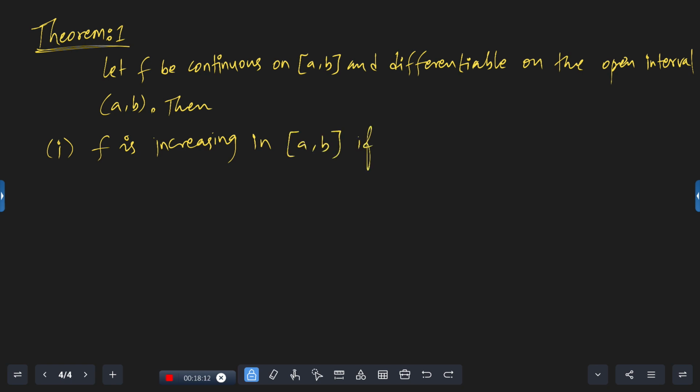When we say f is increasing in the closed interval a comma b, you have to check one condition: the derivative in the open interval a comma b must satisfy f dash of x greater than or equal to 0. When you differentiate the function and substitute the x value in the open interval, if it gives a positive number, we can say increasing function. Suppose a negative answer comes, we say decreasing function.